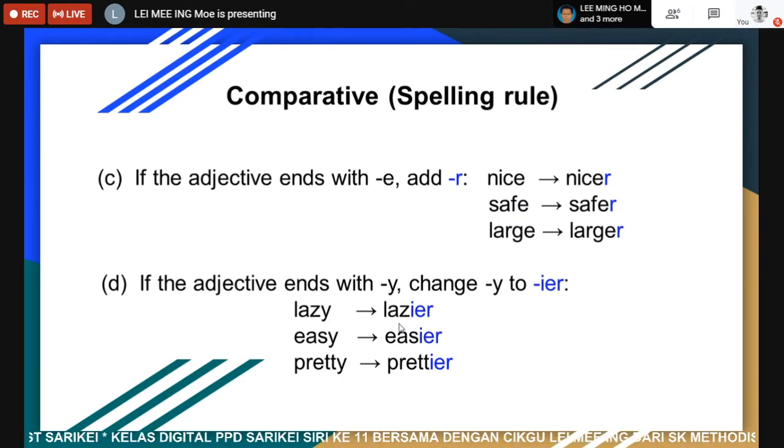Lazy, lazier. Easy. The last letter here is Y, you drop the Y, you change it into IER. Easy, easier. Pretty. You drop the Y, you plus IER. Pretty, prettier.